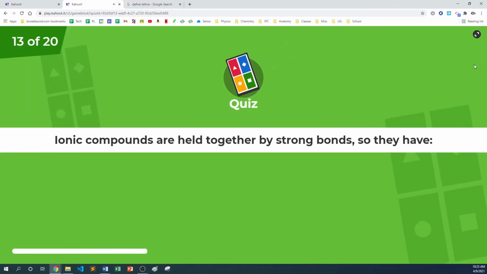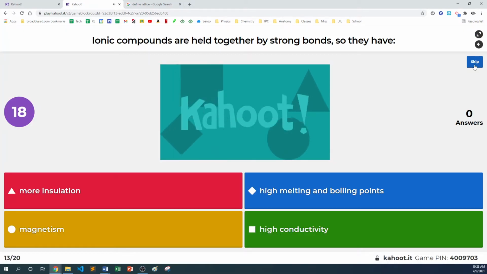Ionic compounds are held together by strong bonds, so they have... Imagine what strong bonds keeping them together would mean.